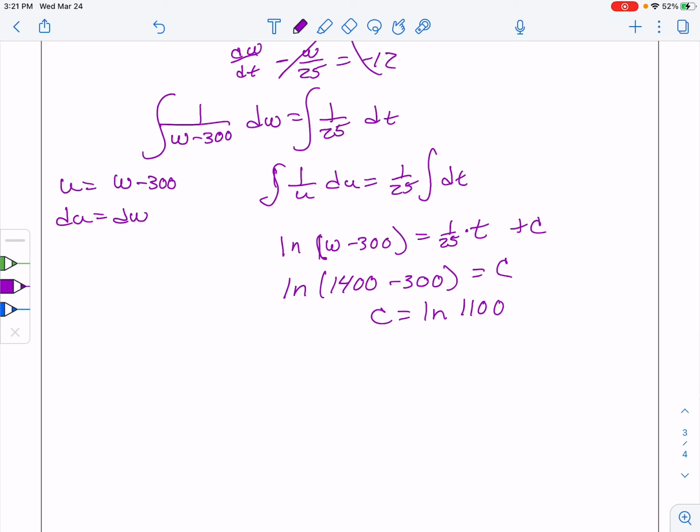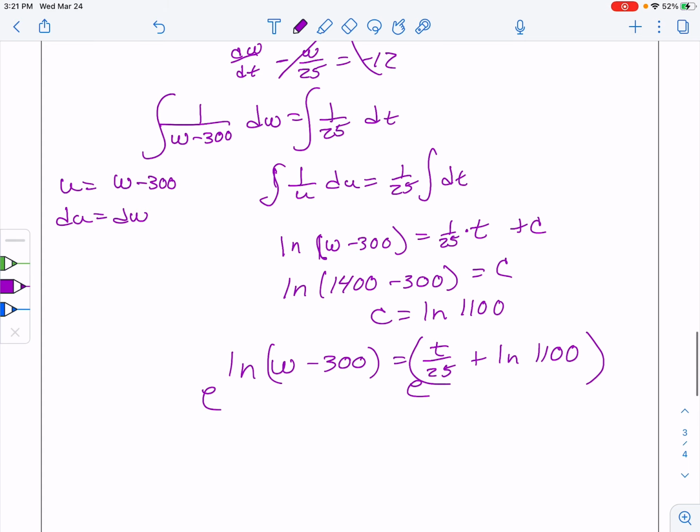All right, so come back to my equation. ln of W minus 300 equals t over 25 plus the natural log of 1100. E to the power, e to the power. This becomes W minus 300.